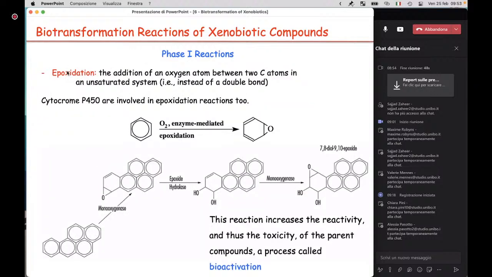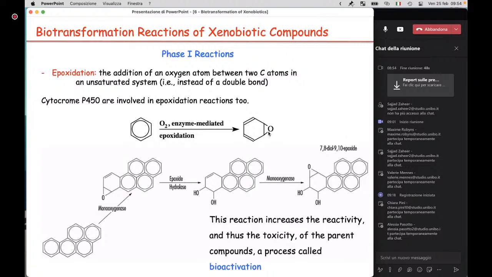Here, epoxidation can be considered a subgroup of mono-oxidation, since the oxygen molecule again is used as such to carry out the reaction, and just one of the two oxygens is attached to the molecule.